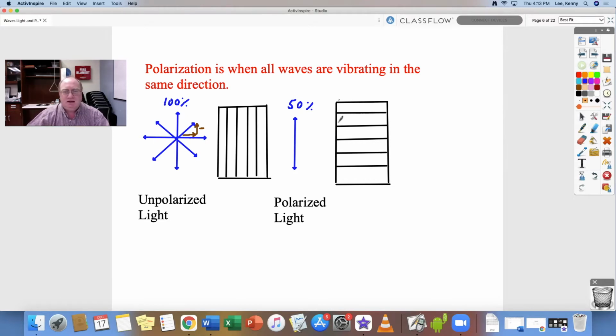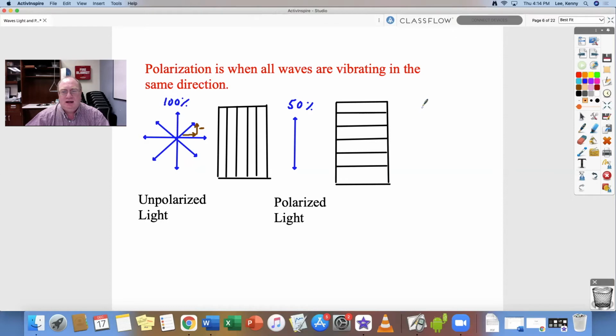Now let's say we've got a second polarizer. And this one we turn sideways so that now the slats are horizontal. Where these slats were vertical, these slats are horizontal. And this polarized light that's going up and down hits this polarizer that is oriented horizontally. How much light gets through now?